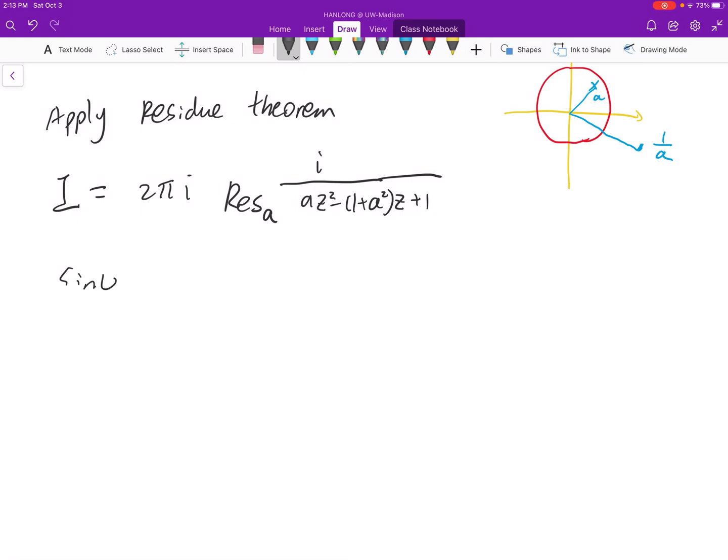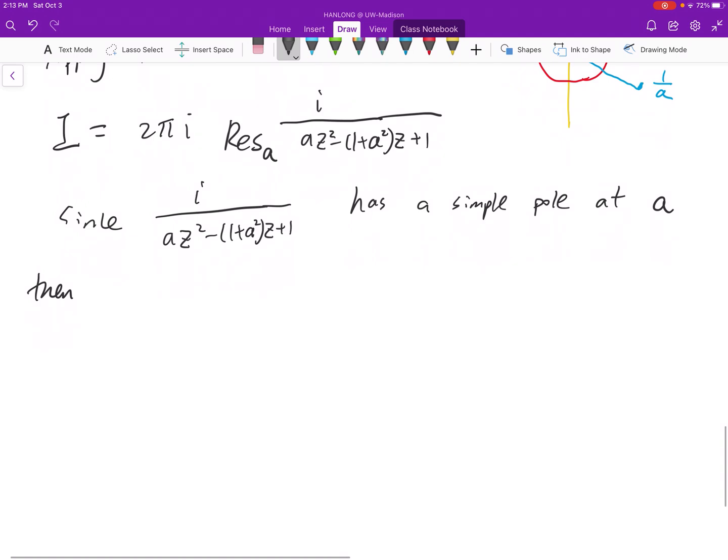Okay, since the function i over (az squared minus 1 plus a squared z plus 1) has a simple pole at a, then recall previously how to calculate the residue.